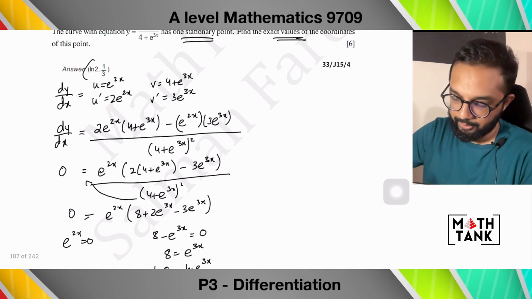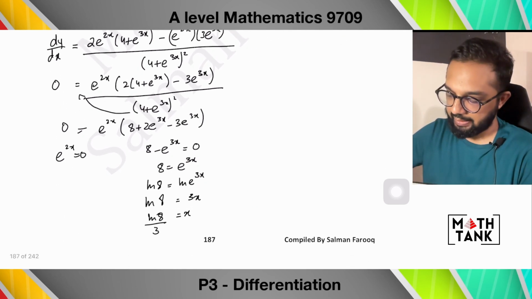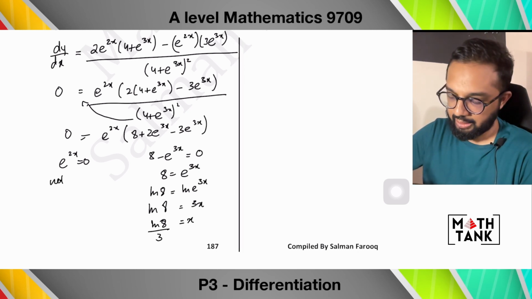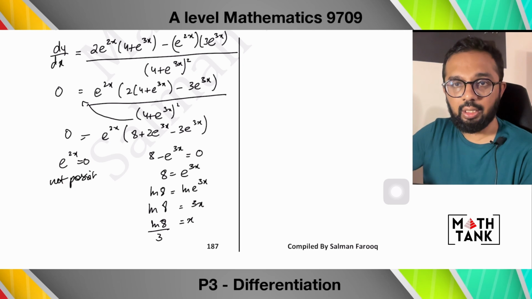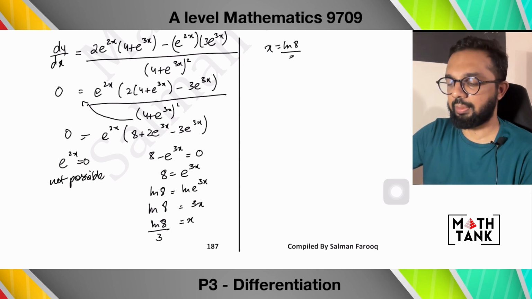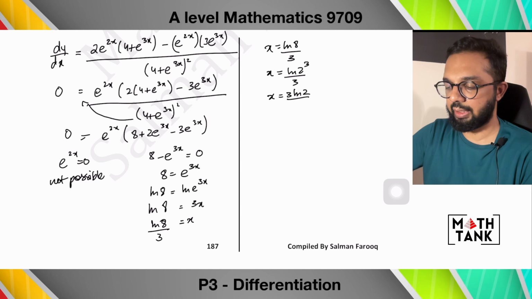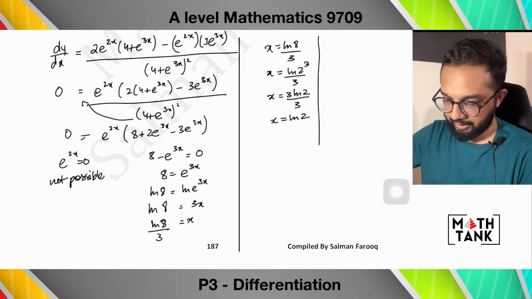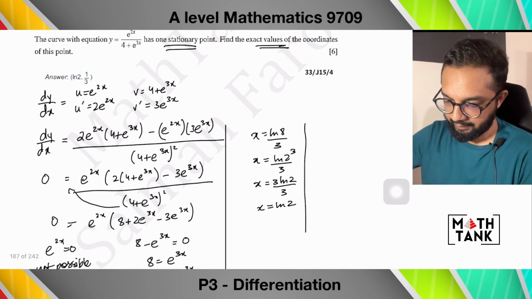Although it says ln 2 here, that is basically the same as ln 8 divided by 3, and I can prove that to you. I hope that you already understood that. And x equals ln 8 divided by 3 is basically ln 2 cubed over 3, so x equals 3 ln 2 over 3. So x equals ln 2. That's x. Can I quickly calculate y for myself?